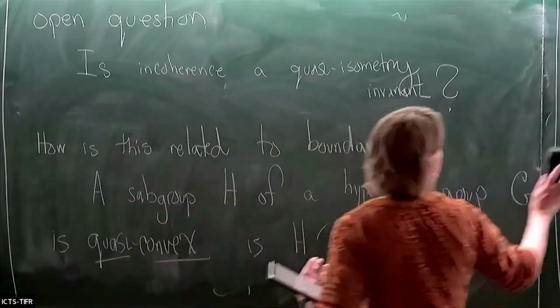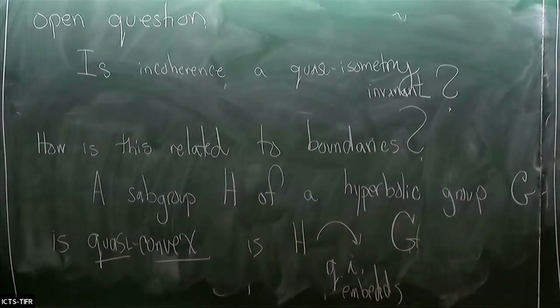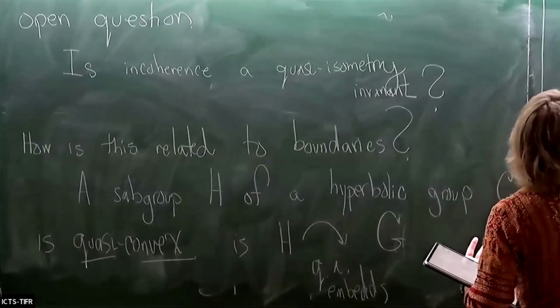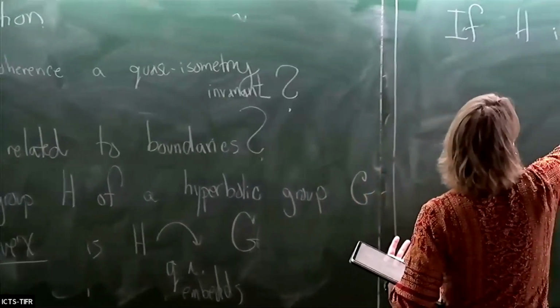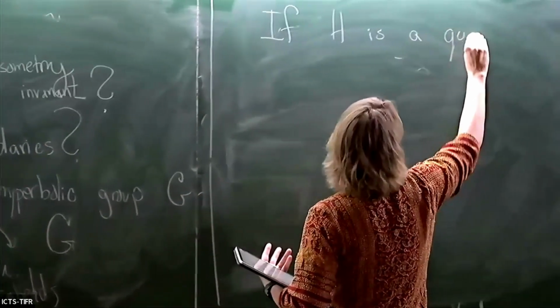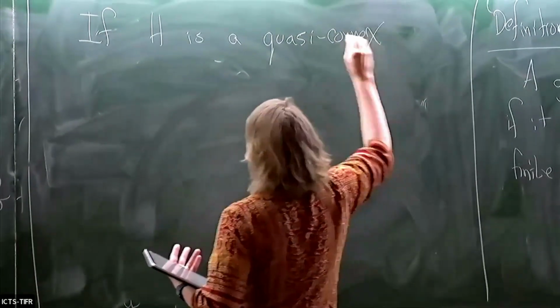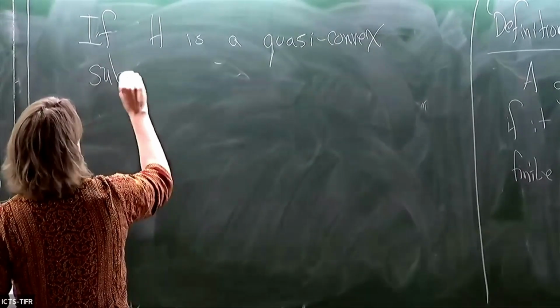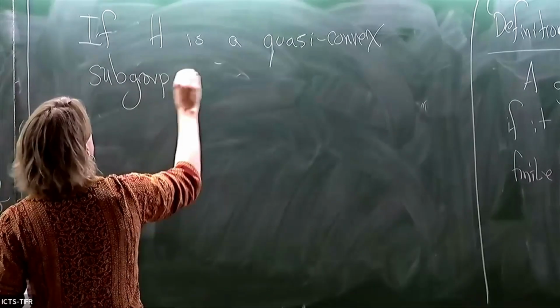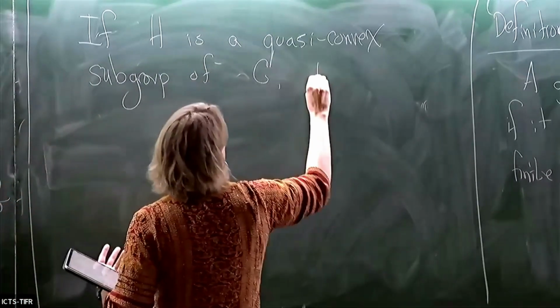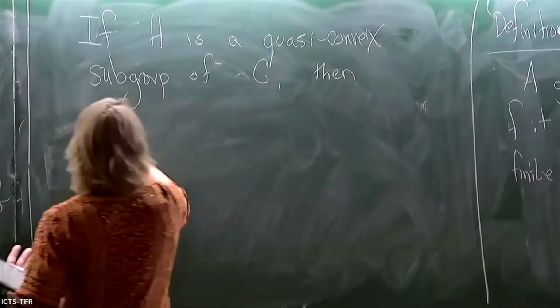Okay, so when this happens, if H is a quasi-convex subgroup of G, then H is itself hyperbolic.